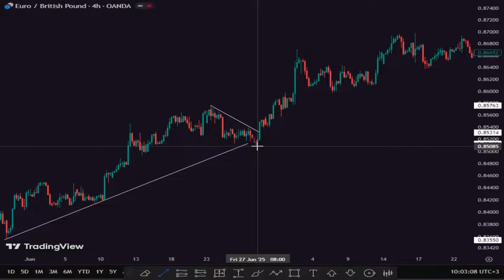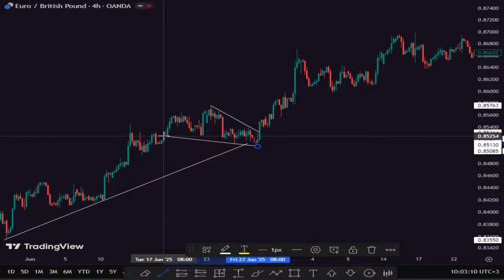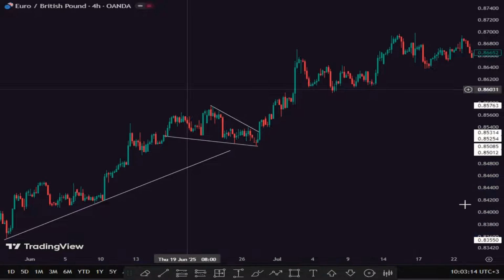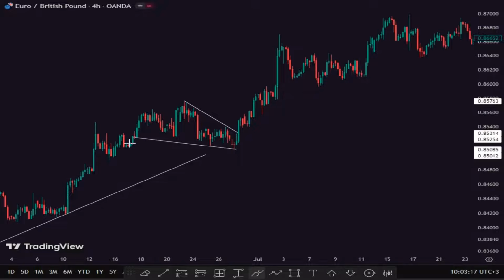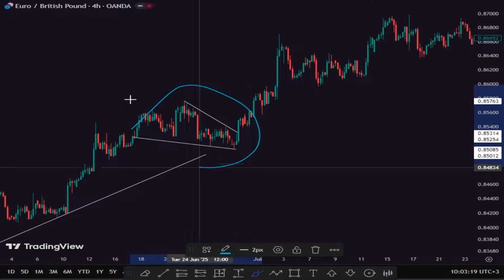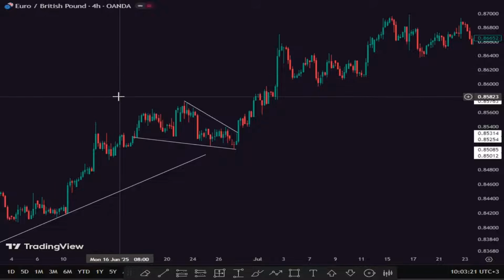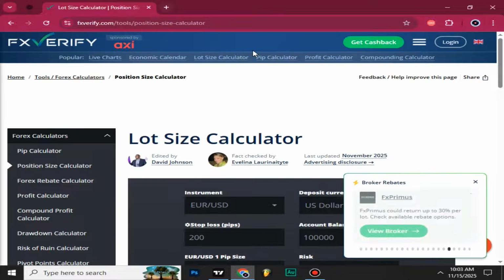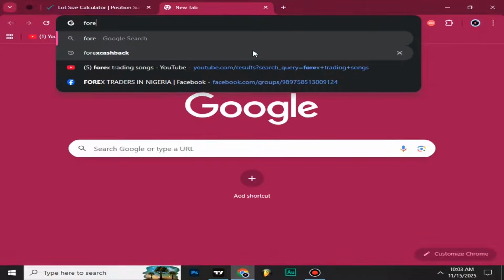I can adjust this because I know it's on the third. I see this is a pattern right here. You can go to the internet. In fact, let me show you real quick what I'm talking about: forex patterns.